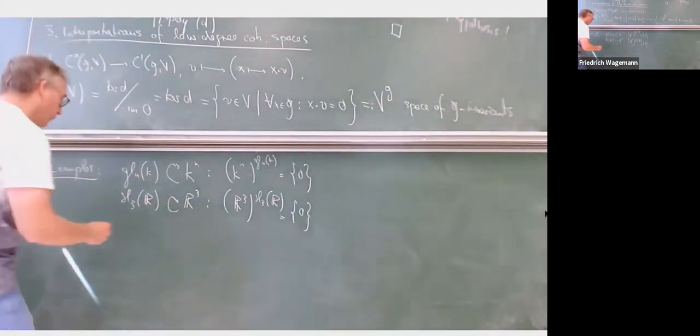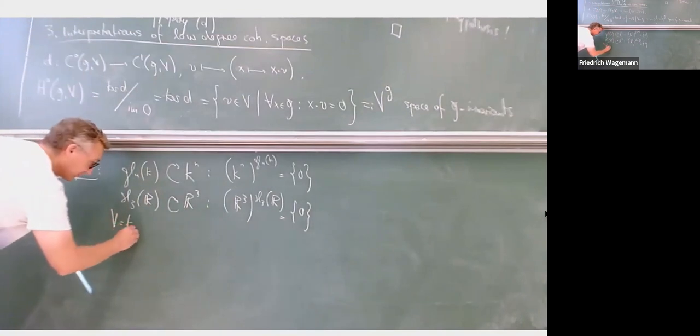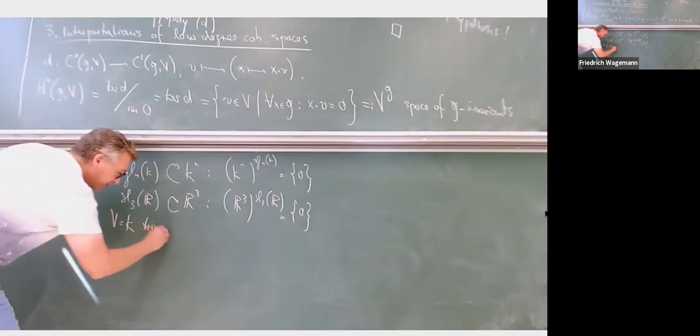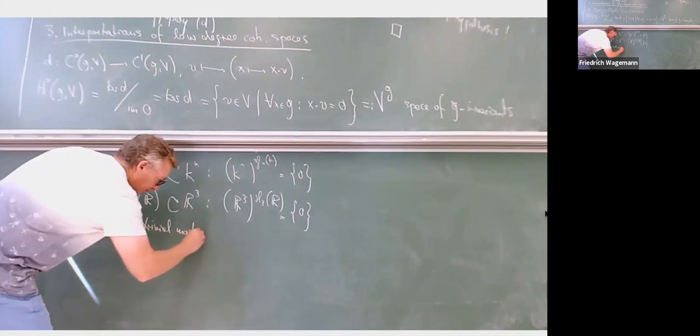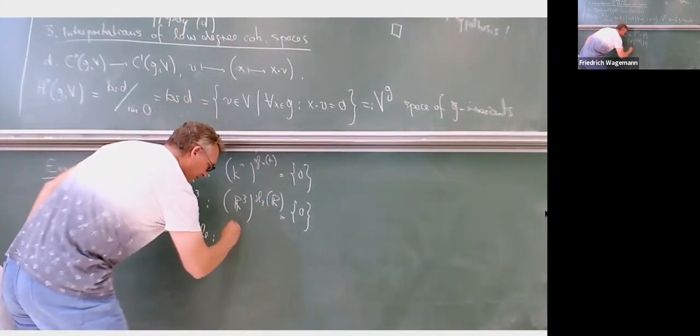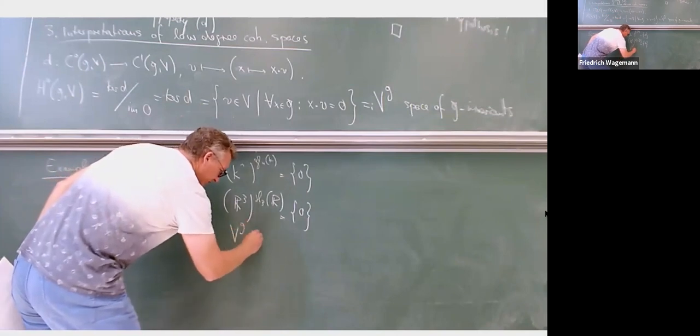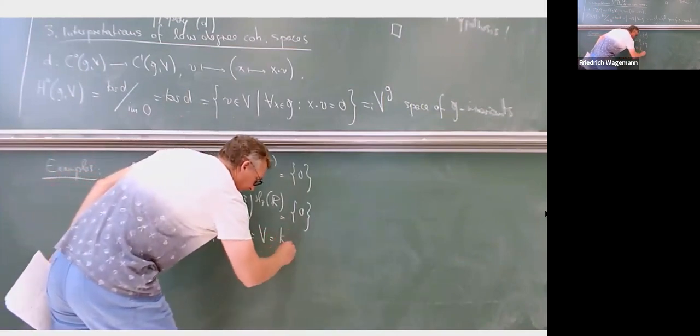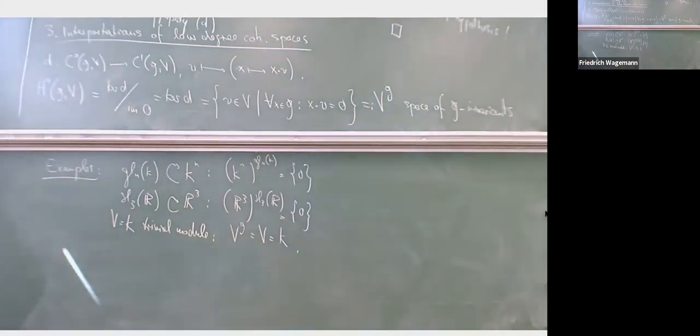In order to have some invariance, one needs either the trivial module, V a trivial module. So any V^g is just V. All elements are trivial. All elements are invariant.